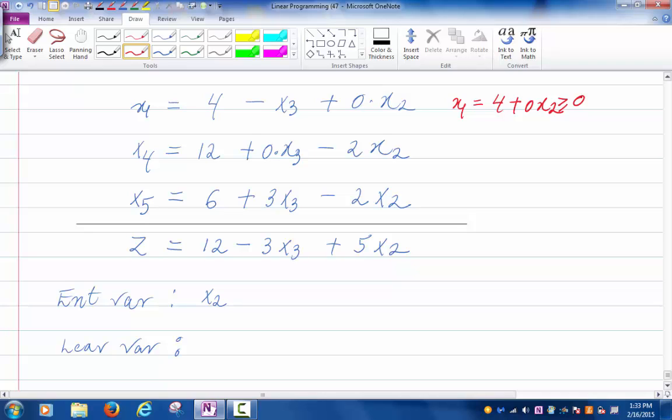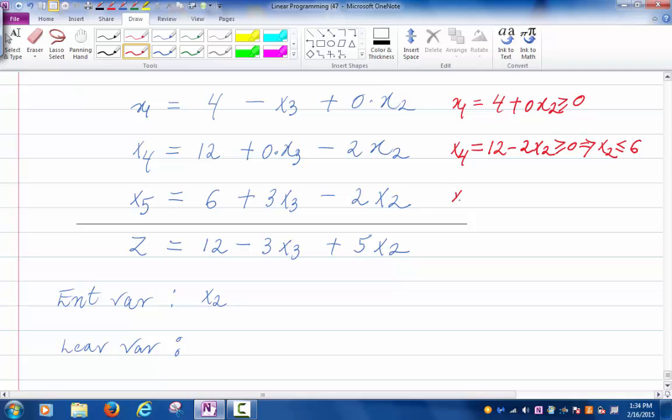No, because I can pick x2 to be as big as I want, and still x1 is 4, which is non-negative. So there is no bound on x2. Thus, the next equation is x4, which is 12 minus 2x2, which I want non-negative. And what does it imply? x2 has to be less than 6.